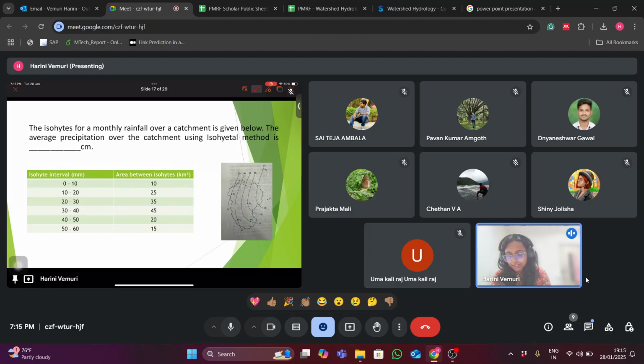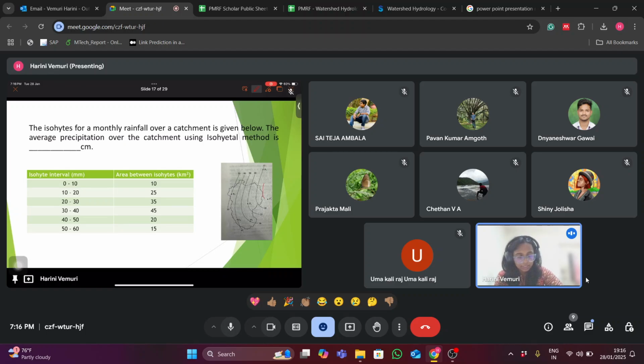Now coming to the next question. The isohyets for the monthly rainfall over a catchment are given below. Now we have to calculate the areal average precipitation over the catchment using the isohyetal method. First, from the data we can see that the isohyet interval is given and also the area between the isohyets.